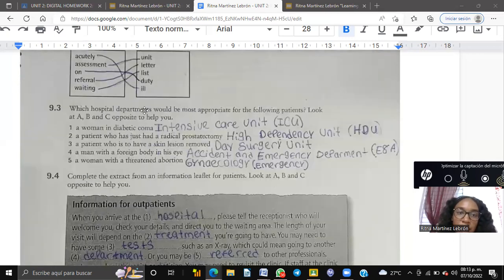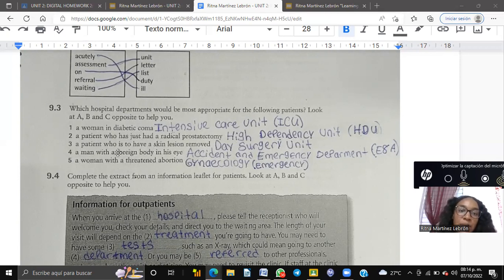Which hospital departments would be most appropriate for the following patients? Look at A, B, and C opposite to help you. A woman in diabetic coma: intensive care unit, ICU. A patient who is to have a radical prostatectomy: high dependency unit, HDU.